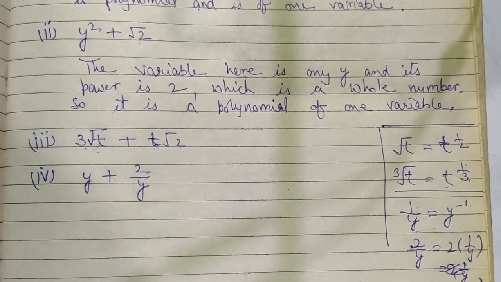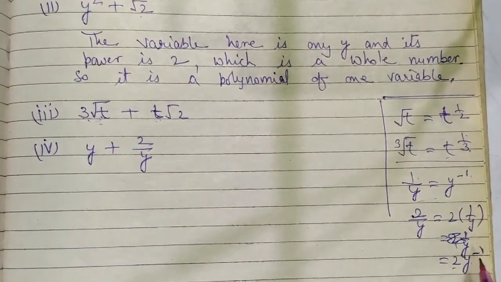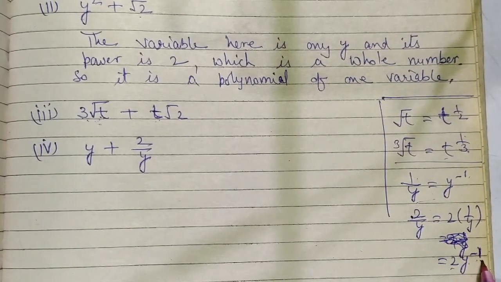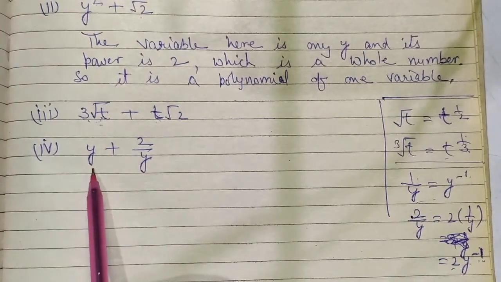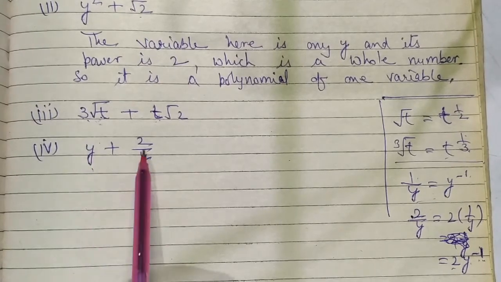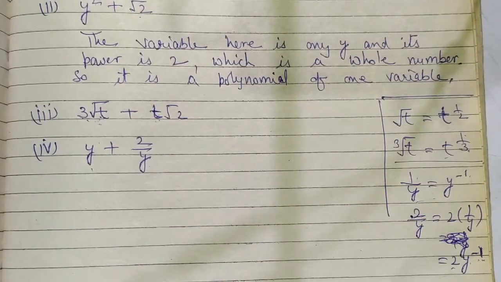Now here the power is minus 1, right? Okay, so if the power is negative, the power is minus 1, then also it is not a whole number. So we can say that there is only one variable y, and the power of y in the first case is 1, and in the second case is minus 1, which is not a whole number, so it is not a polynomial.